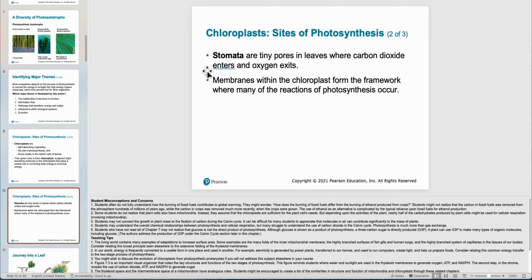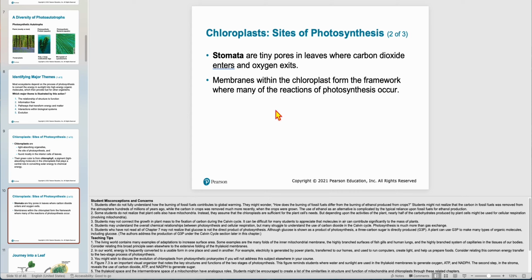Now those are actually like little openings, little pores, little gates, little doors, and they're on the underside of a leaf typically. And what they do is, as you can see here, they take in carbon dioxide and they release oxygen. And that is the oxygen that we breathe. So plants actually release oxygen through those little tiny holes called stomata.